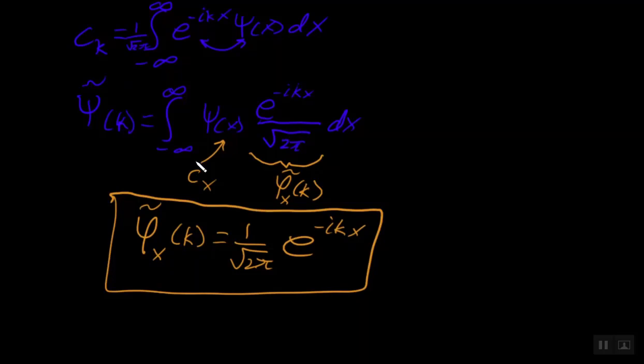And hopefully you see why this is the superposition, because this is c x, and we know that psi in any basis can be written as the integral from negative infinity to infinity of c q phi q dq, and it does not have to be of x.